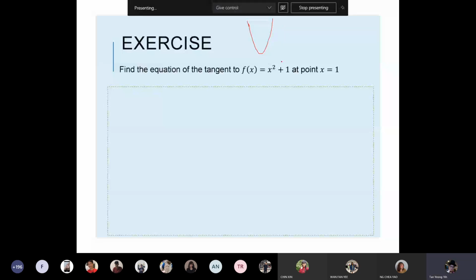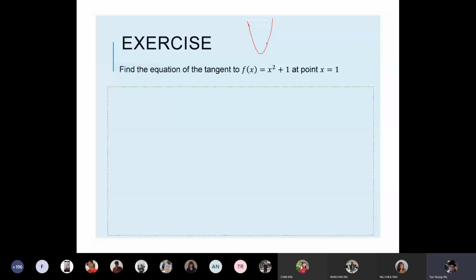When x is 1, the point is here, and we can draw a tangent line. This line is the tangent, and we want to find its equation. The curve is y equals x squared plus 1.